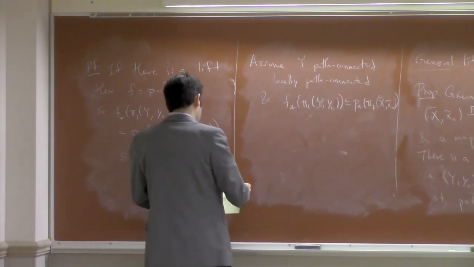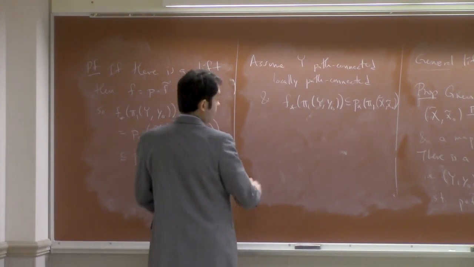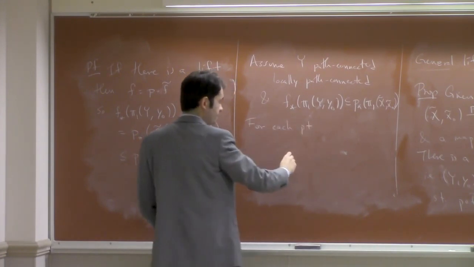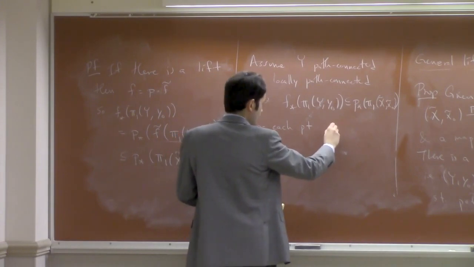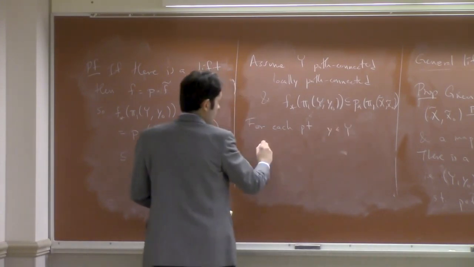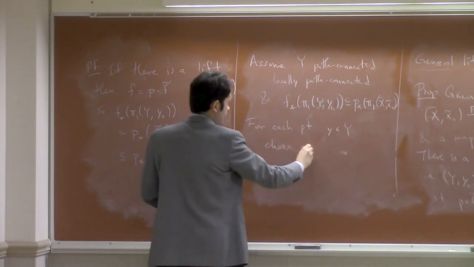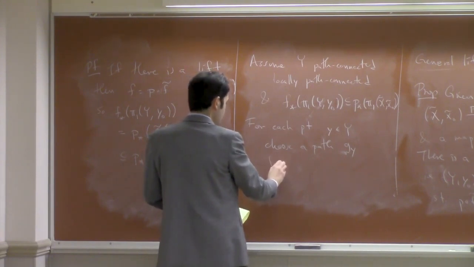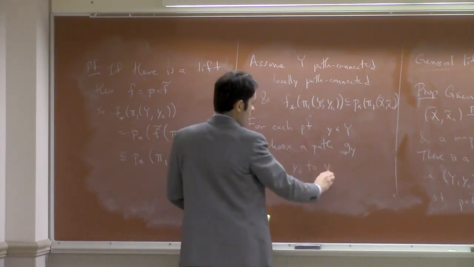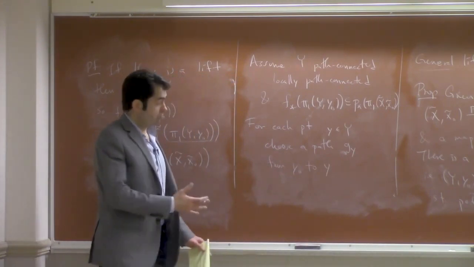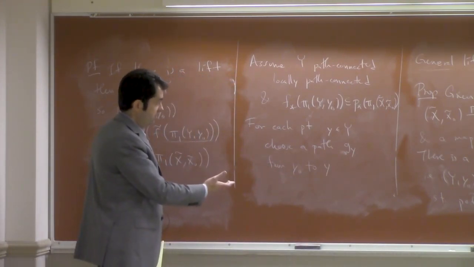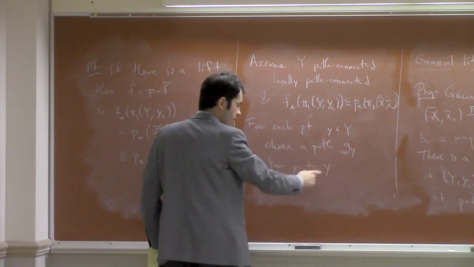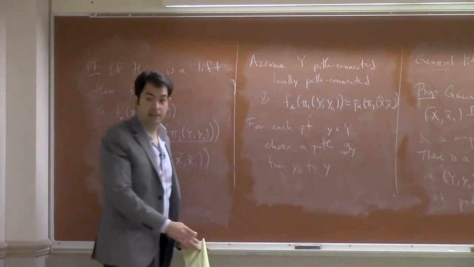Okay. So now for each point, choose a path g sub y from y naught to y. For bookkeeping purposes, we're just going to go ahead and fix for every point in Y some path that goes from the base point to y. So we're using the fact that Y is path connected.